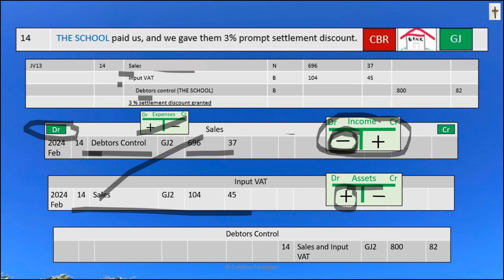The contra account of input VAT here in this case is sales, and debtors control is credited because the value of what the school owes us has decreased by the full amount including VAT. That's why in detail we have the accounts that were debited, sales and input VAT.